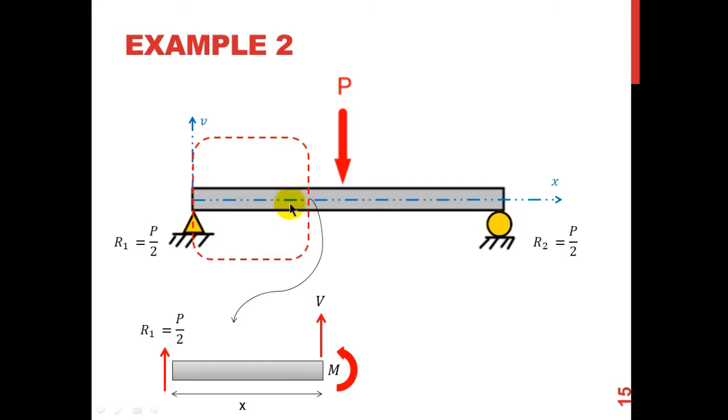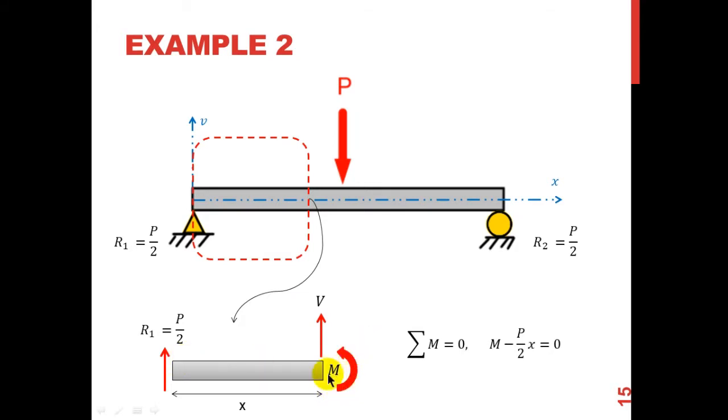Remember, it is towards the origin, so it is at distance x, and simply R1 is going to be the same as R2 because I'm having the P at the midspan. So I'm having a symmetrical load. So here we have the forces. If I express the moments, the sum of the moments must be 0.